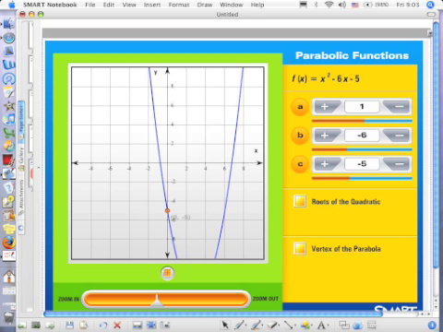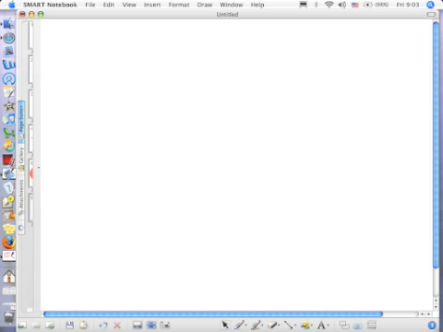Okay? All right. Now, let's look at some examples of what we're going to be doing today. Solving the zeros of our function by factoring. And we are on page 301, 302. Okay.